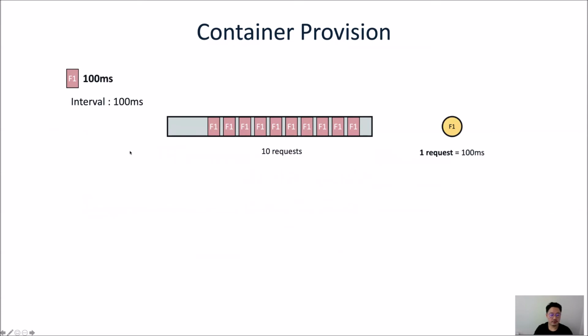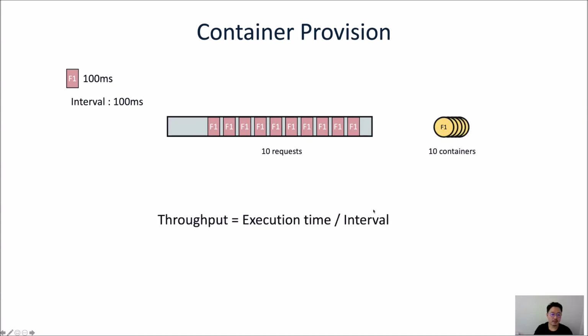But if the execution time of function 1 is 100 milliseconds, then one container can only handle one request in the interval. So we need 10 containers to handle these 10 requests. So we can calculate the throughput by the interval divided by execution time, and the number of required containers by the number of requests divided by the throughput.